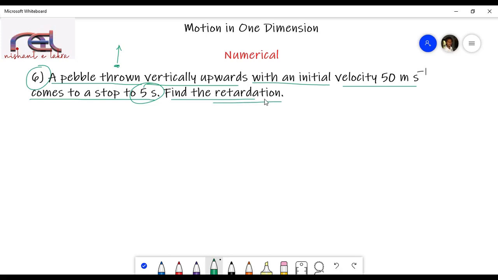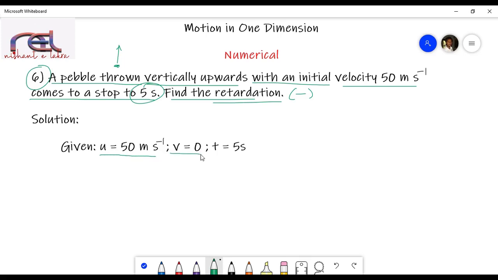Retardation is just the opposite of acceleration, which is denoted by a negative sign, or it is also called negative acceleration. Let's see what is given in the question. Initial velocity is given, 50 meter per second, and final velocity will of course be 0, because it stops after 5 seconds. The time after which it stops is 5 seconds.